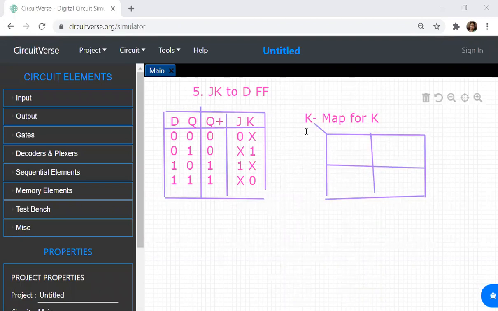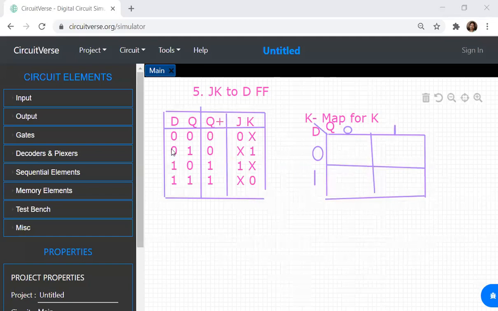So what I have on this axis I'll be having D, and on this axis I will be having my Q. Okay, and it is 0, 0 and 1, and here it is again 0 and 1. So now for K I am solving.